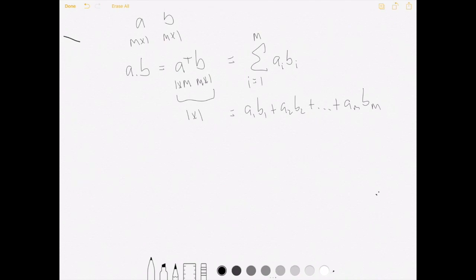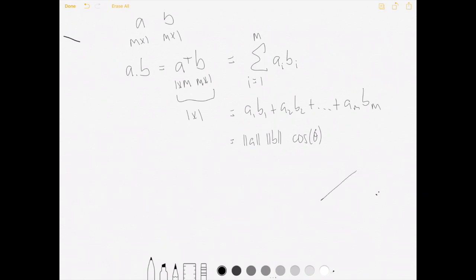There is a second definition of this, if we want to think of it geometrically: it's the magnitude of A times the magnitude of B times the cosine of the angle between them. And what's the angle between them?